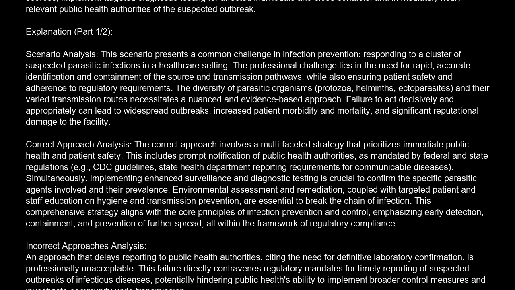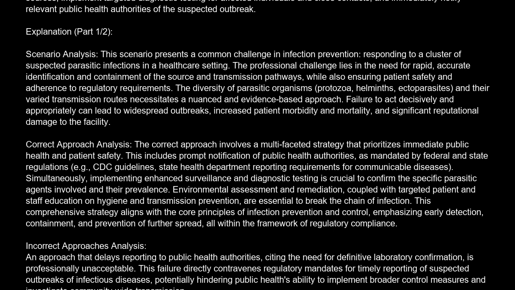Correct approach analysis. The correct approach involves a multifaceted strategy that prioritizes immediate public health and patient safety. This includes prompt notification of public health authorities, as mandated by federal and state regulations, e.g., CDC guidelines, state health department reporting requirements for communicable diseases. Simultaneously, implementing enhanced surveillance and diagnostic testing is crucial to confirm the specific parasitic agents involved and their prevalence.